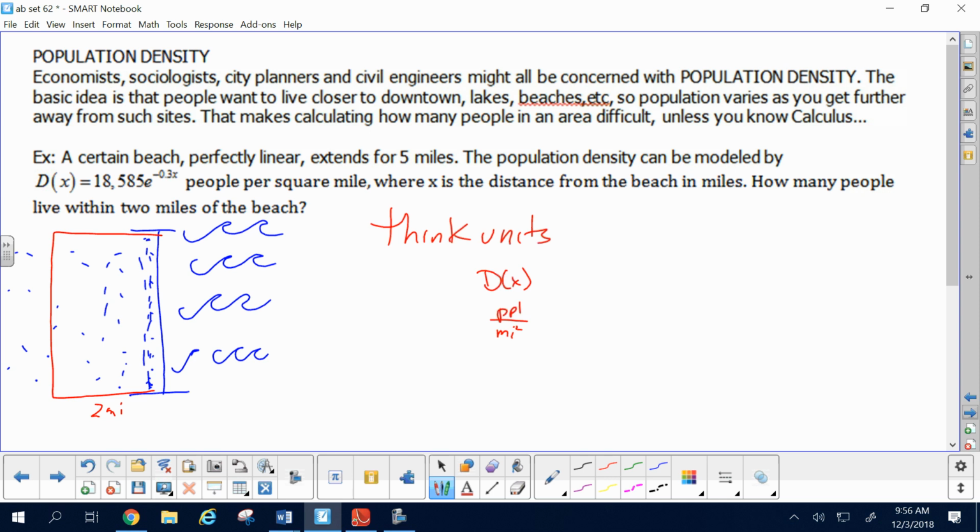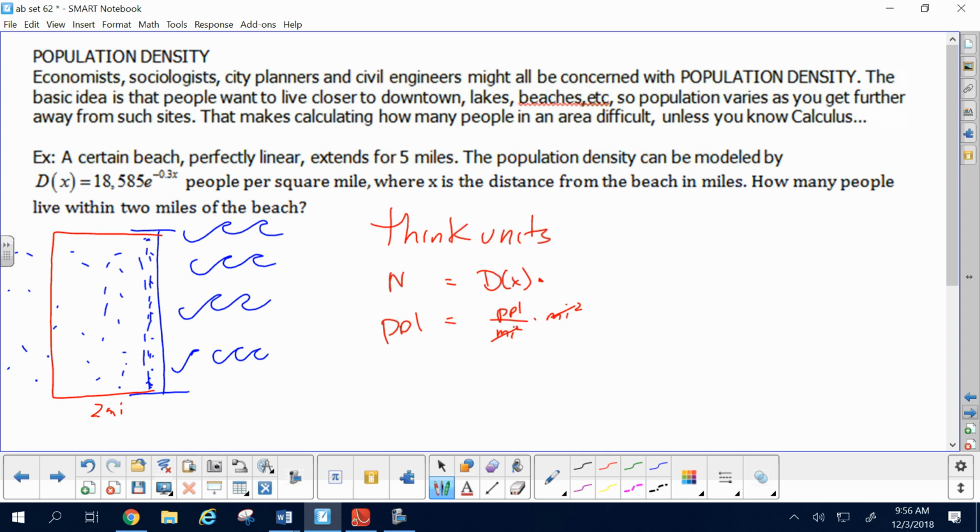So to get the number of people, we have to take that density and multiply by miles squared. Only by multiplying by miles squared will we get people. So what do we have to multiply the density by?